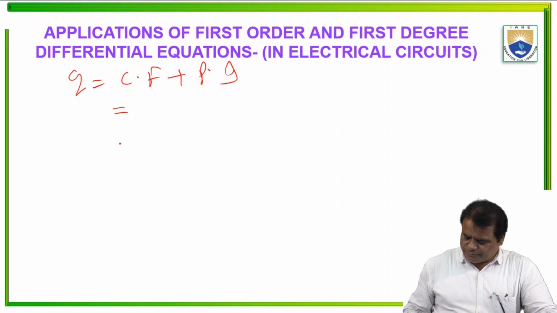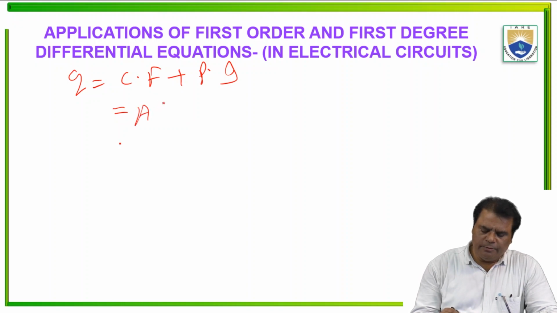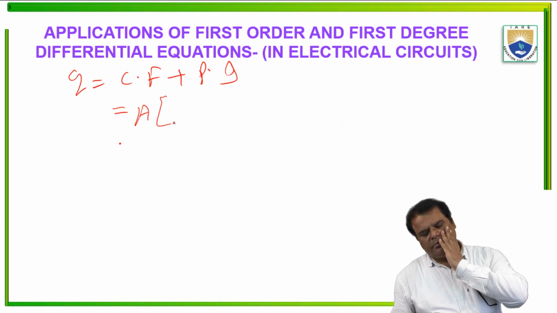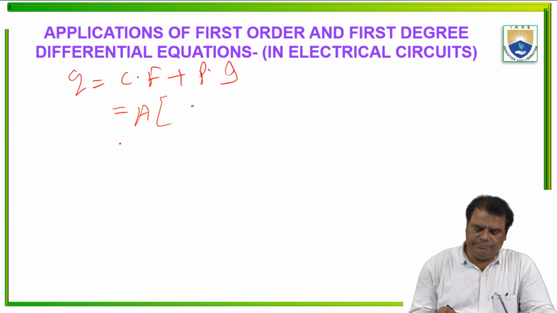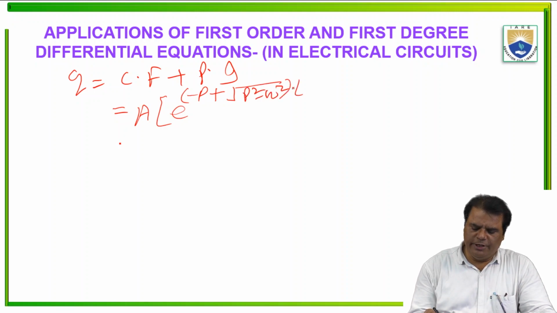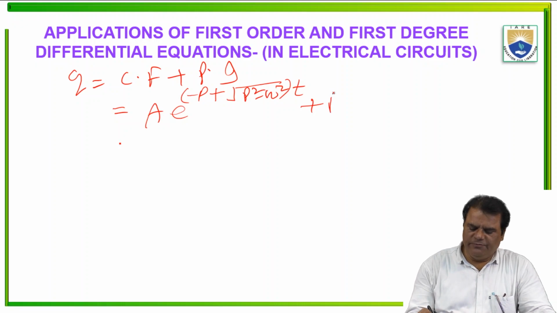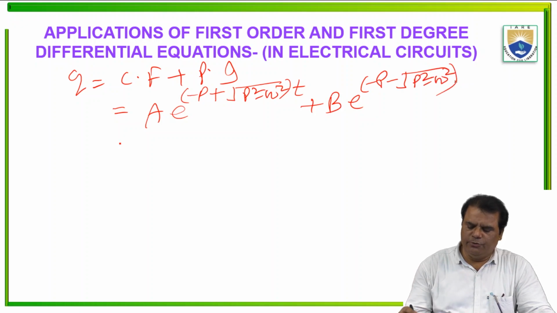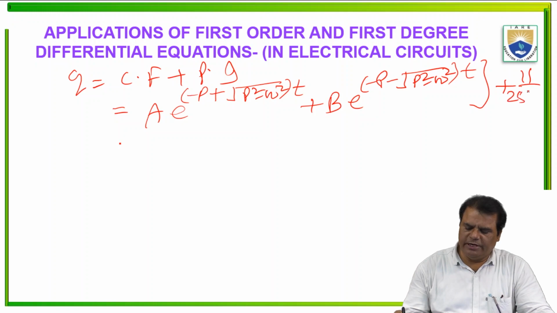CF we have found: a e to the power minus p plus under root p square minus w square into t, plus b e to the power minus p minus under root p square minus w square into t, and plus 11 upon 2,500.